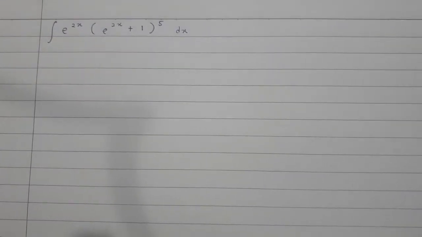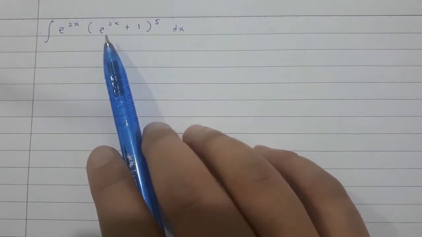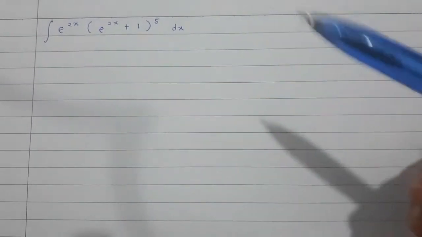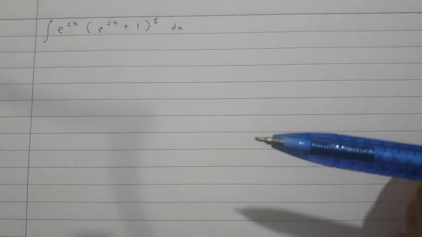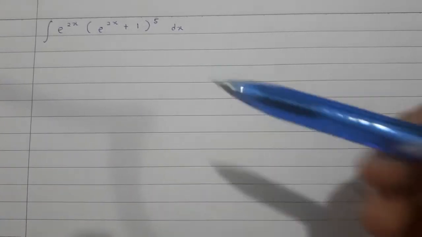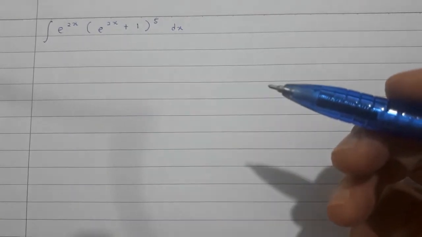We want to integrate e to the x multiplied by e to the x plus 1, power 5. So remember, we do not have a product rule in integration. So what we can do is use the substitution method.